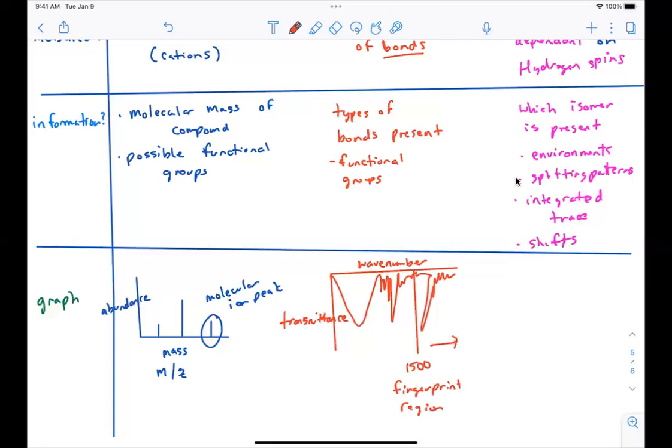You can't identify someone based on one whirl or one arch or one loop, but when you have the whole combination of whirls, arches, and loops, then you can have a picture of it. So the fingerprint region from 1500 or less is called the fingerprint region. Too many bonds absorb. Right. So you can't use individual bonds there. Okay.